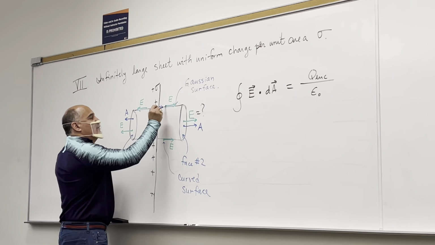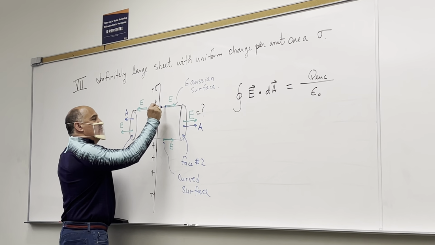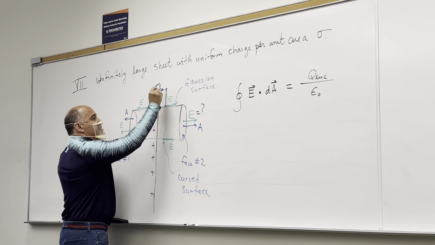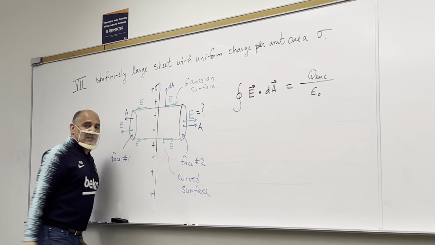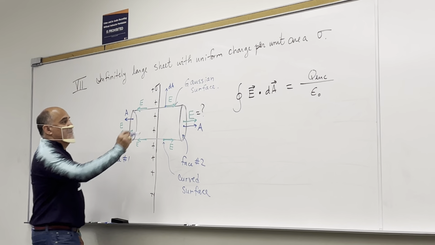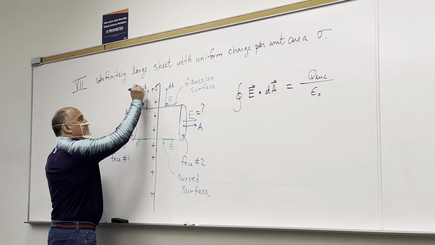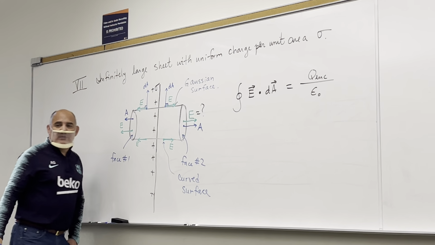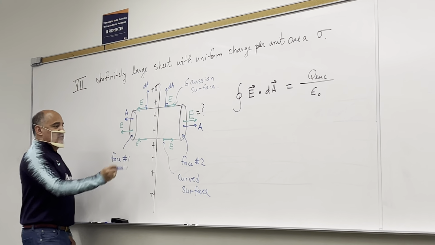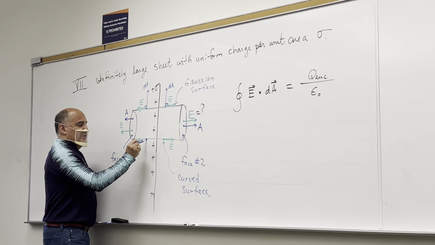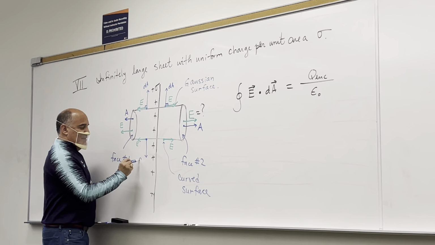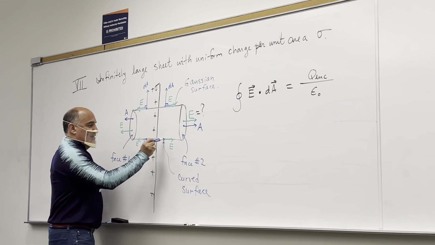What about for the curved surface at this point? Which way would the area vector be pointing? Up, right? Perpendicular to the surface and going outwards. What about at this point of the curved surface? Up. Choosing this point, which way would it point? Down. Exactly, down. And at this point? Down.